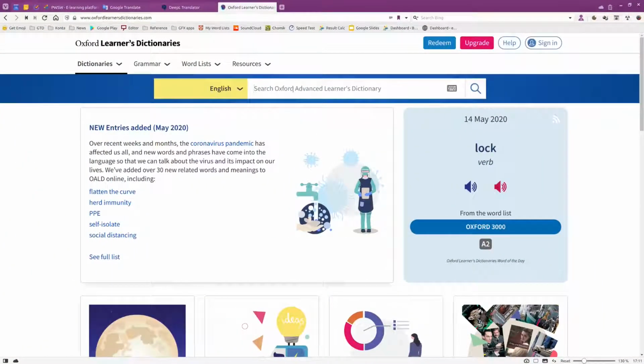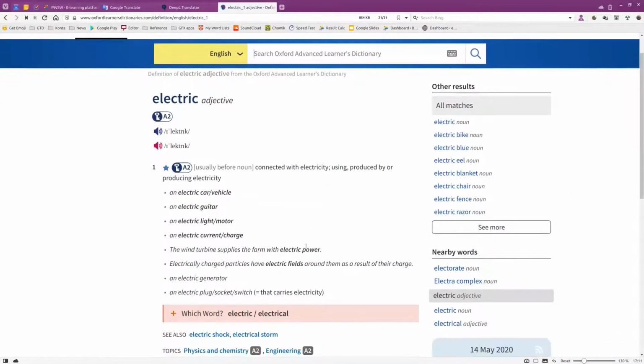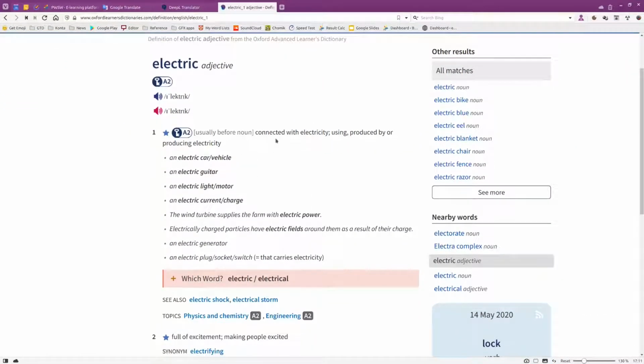If we look up electric, we can see the definition. Connected with electricity using, produced by, or producing electricity. Electric car, electric guitar, electric current, electric motor, electric power, right?